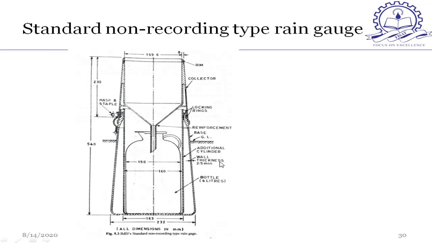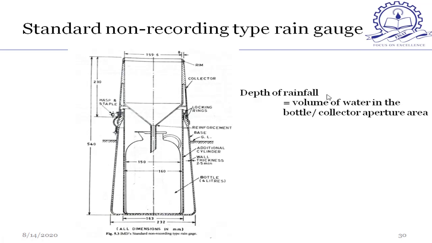So the total volume of water is 4 liter, that means 4000 centimeter cube, and the area at the top is 200 centimeter square. So the depth of rainfall is equal to the volume of water in the bottle divided by the collector aperture area. Here the volume is 4000 centimeter cube divided by the top area of 200 centimeter square. So you get 20 centimeter or 200 mm.